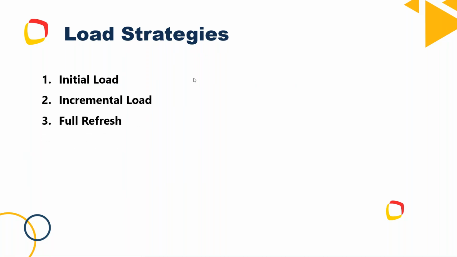Now we are done with extraction, right? Everyone clear with the extraction? Okay. So next, I'm loading it. We can see transformation on the next slides. In load, you can sync it with extraction: initial load, incremental load, full refresh. What is initial load?